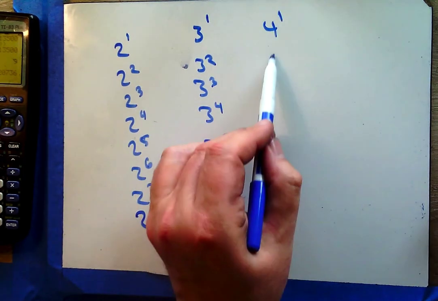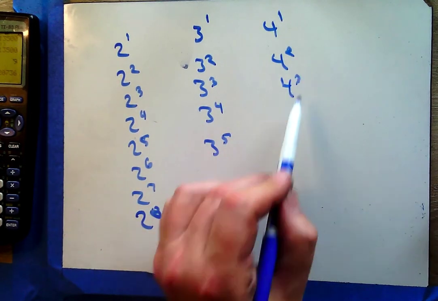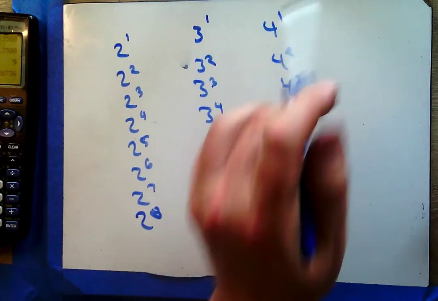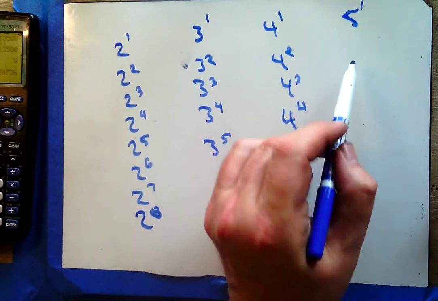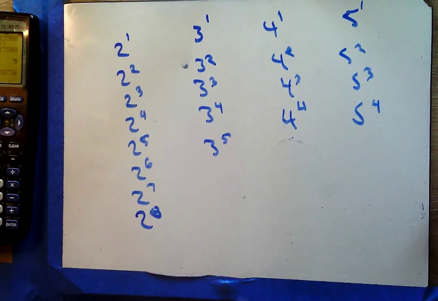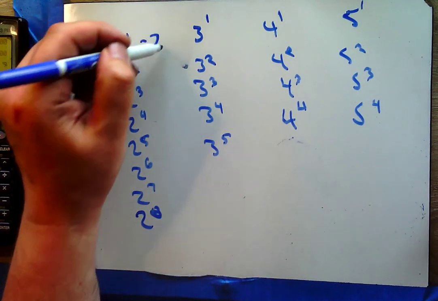4 to the 1, 4 to the 2, 4 to the 3, 4 to the fourth. Oh, that's funny. 5 to the 1, 5 to the 2, 5 to the 3, 5 to the 4. So these are really common.